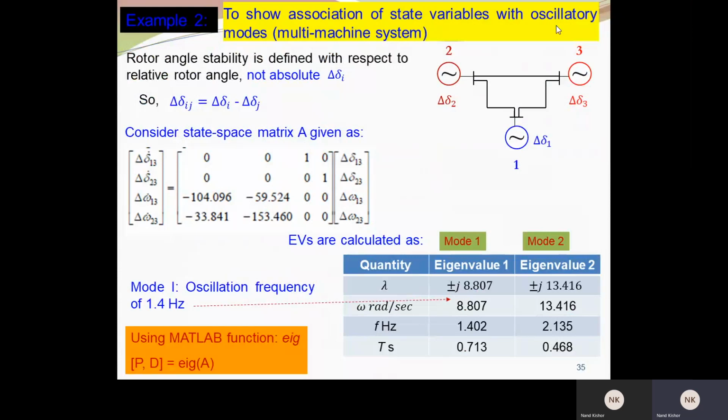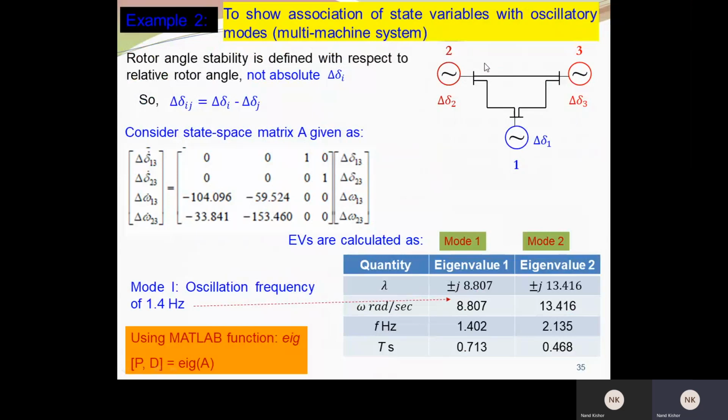Now we want to take a network example, a three generator, multi-machine system where we have generator 1, generator 2, and generator 3. For each case, we have the representation of the rotor angle, the state variable.